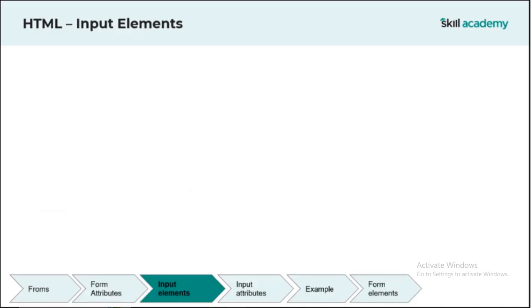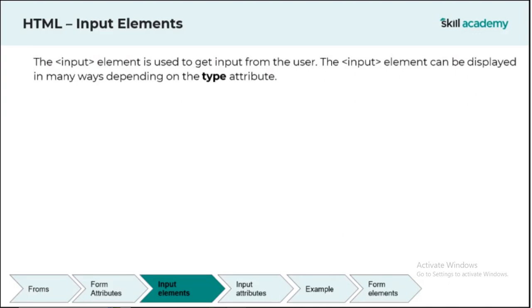Now the next important part of the HTML form tag is the input element. अब ये आप थोड़ा सा ध्यान से समझना, because the input element plays a very important role in HTML form. The input element is used to get input from the user.